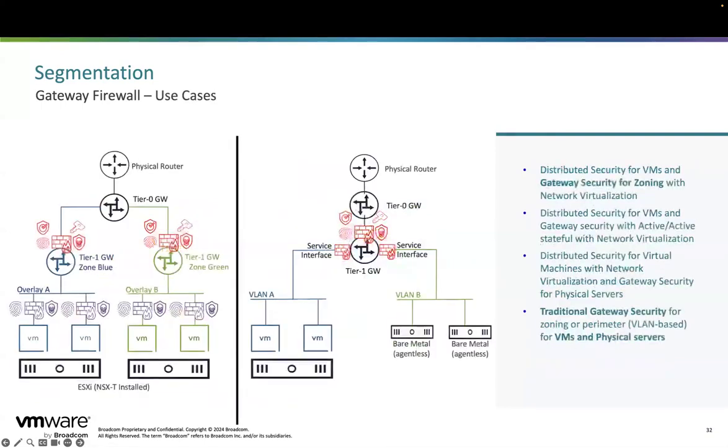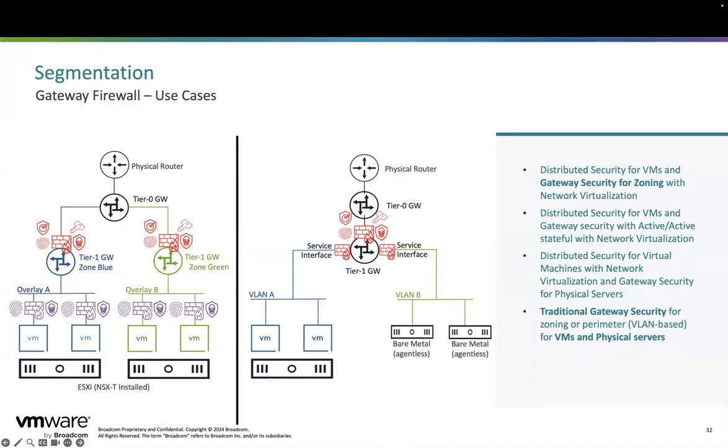So we can get a good idea here from this next slide, just looking at a couple of diagrams. And there are 4 really good use cases for the gateway firewall. So first, distributed security for VMs and gateway security for zoning when you're doing network virtualization.